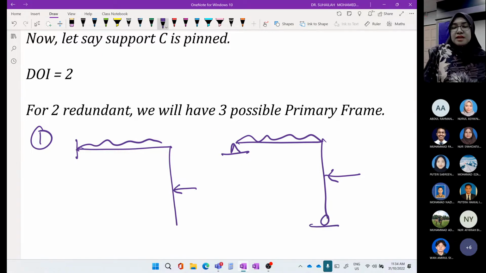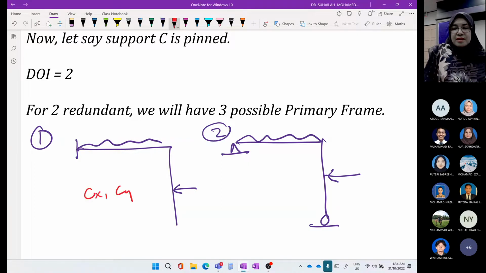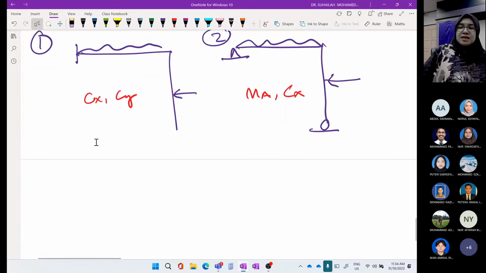Okay, this is the second possibility. Okay, possible primary frame. Okay, yang ni we remove CX, CY. Yang ni we remove MA and CX. Okay, possible primary frame. And we have third possibility.